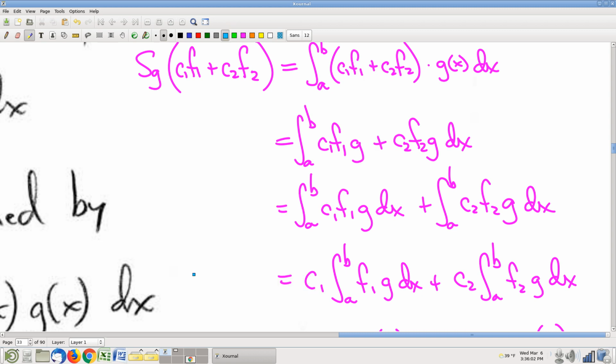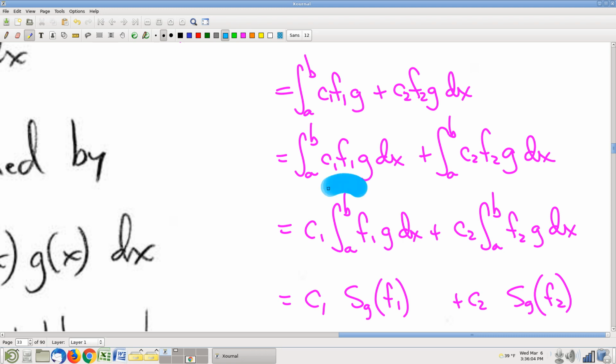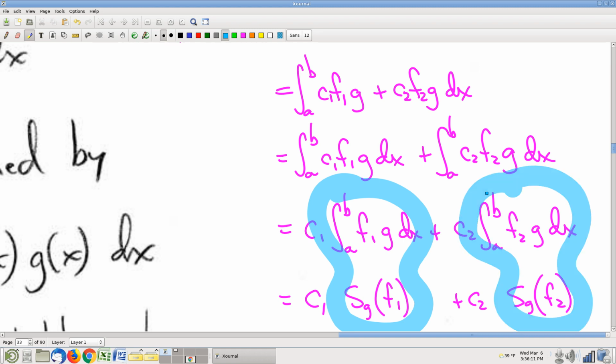Keep in mind my goal was to get down to here, and notice that this is the definition of S_g of f1, and this is the definition of S_g of f2. And so as desired, we get the expected linear combination out. So weighted integrations are linear transformations.